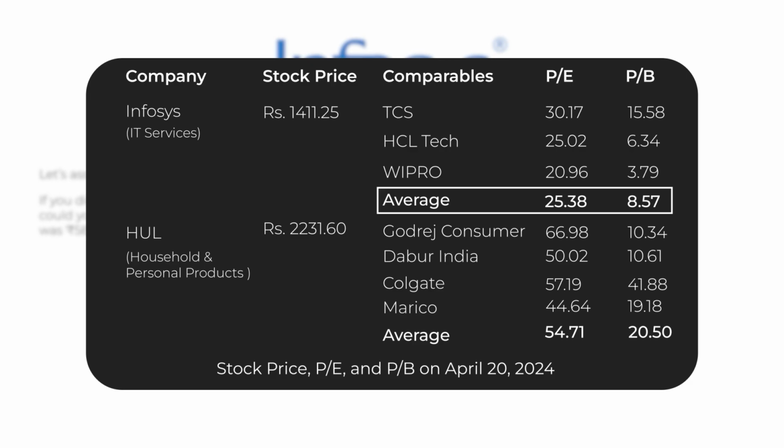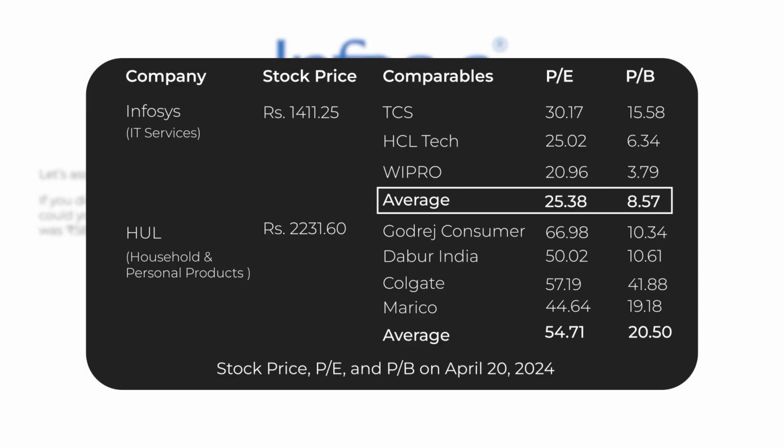The second step is to choose a suitable multiple. As I told you previously, we are going to choose the price to earnings ratio as our multiple. The third step involves finding the mean value of the price to earnings ratio for our comparables, and this comes out as 25.38.